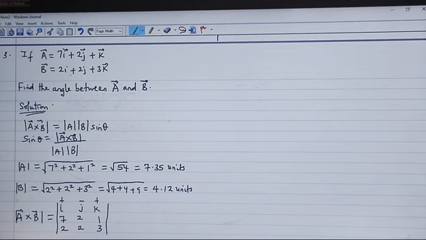So A cross B, just like we did in the previous examples, gives us i into 7 times 2.